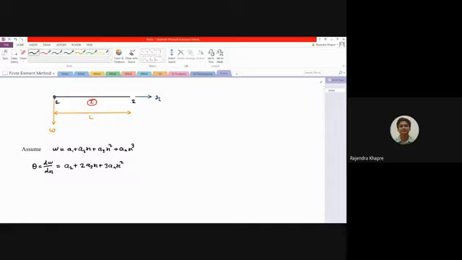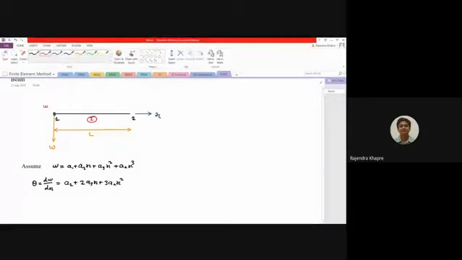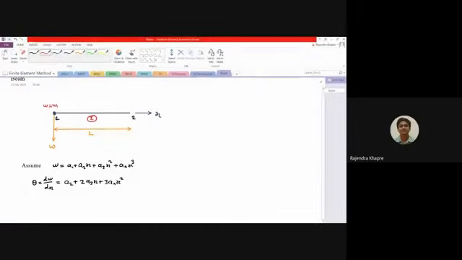If you consider the free body diagram, I have already drawn it over here. In this particular case, W will be called W1 at the first node and W2 at the second node.